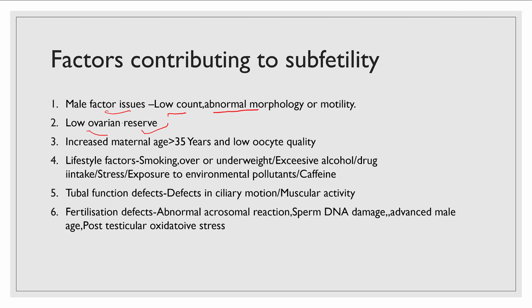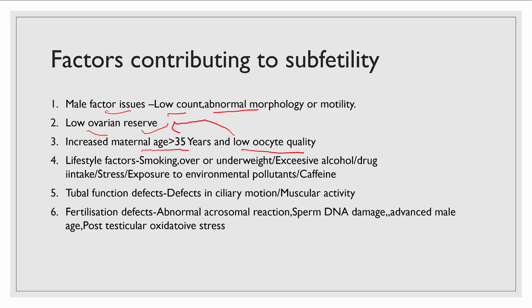So if the female partner is older, in the present context, before embarking on treatment, we will assess their ovarian reserve, or the ability of their ovaries to have viable ova. We will come to the various ways of assessing ovarian reserve later in investigations, but we need to do that. If the female is about 35 years, generally their oocyte quality is low and their reserve is less.